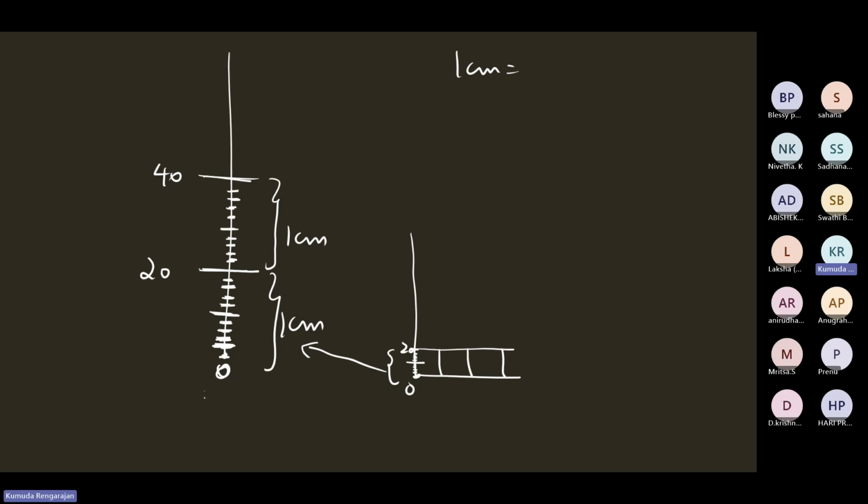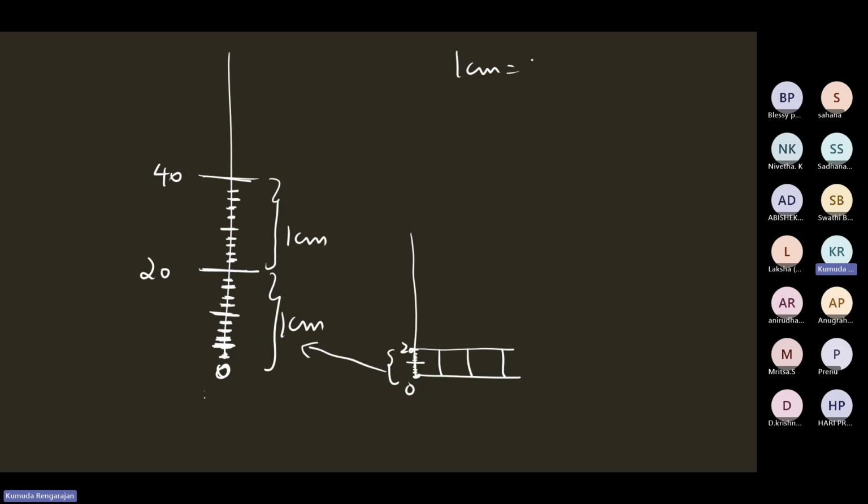When you make a histogram, the rectangles should not be very short, and at the same time, they should not be very tall. Not too short, not too tall. You should make that balance by taking a suitable scale.